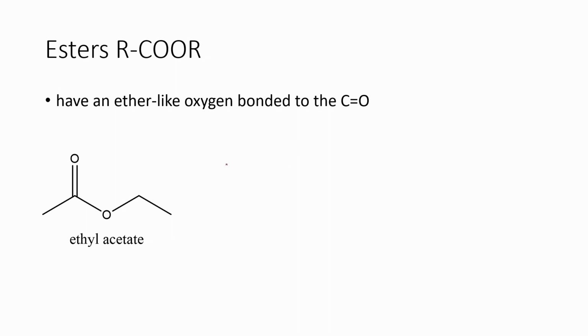However, in this case, you need a carbon double bonded O. So R, C double bond O, and you need another oxygen first before you have your ester. You have another R group. Okay, so esters are R, C double bond O, O, R.